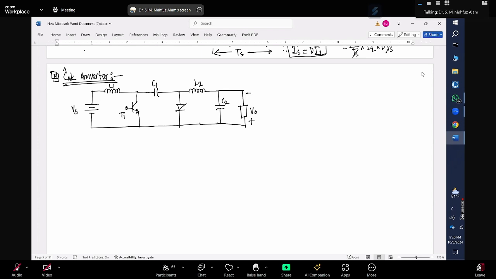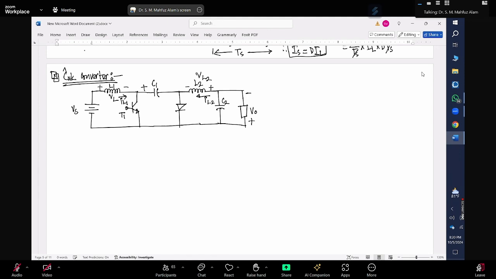For the inductor, we are considering this voltage VL1 and current going in this direction. That should be my IL1. For inductor 2, the current direction is in this way. That should be my VL2, and current direction will be in this direction. That should be my IL2.